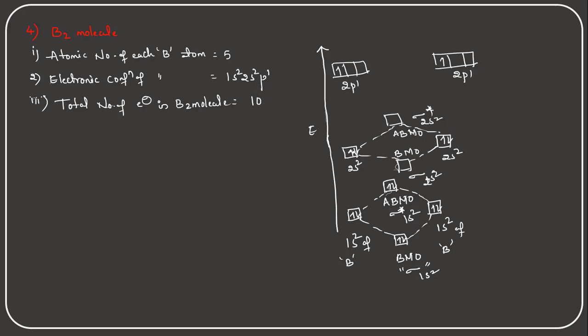When these p orbitals are merged together, the linear combination takes place in such a way that horizontal overlapping, or horizontal merging, takes place, and that gives the sigma bonding, right?